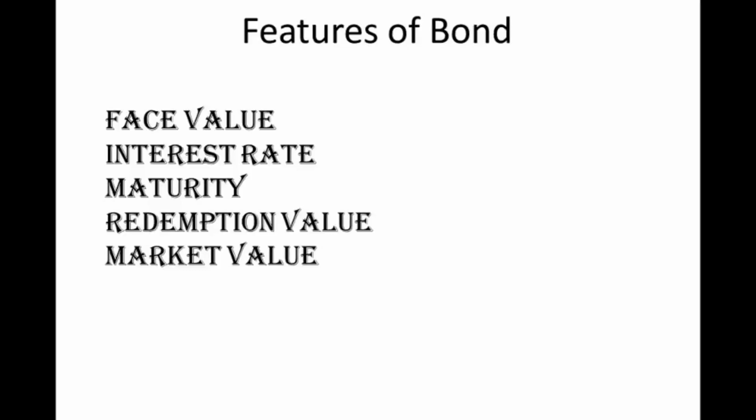So it depends what the redemption value will be. Moving on to market value, a bond may be traded in stock exchange. The price at which it is currently sold or bought is called the market value of the bond. Now the market value may be different from the face value or the redemption value. So these are the different features of the bond.